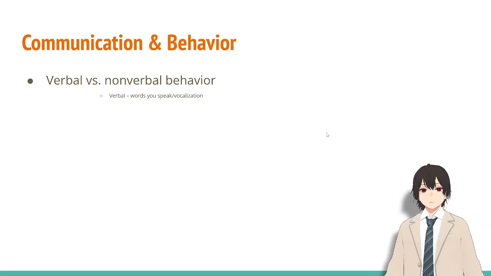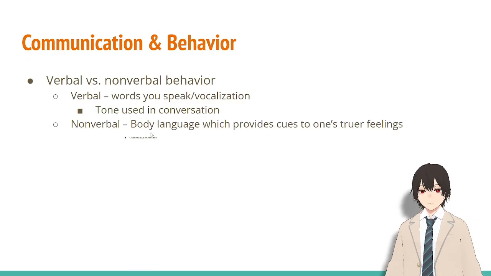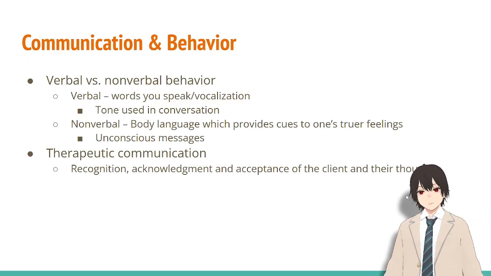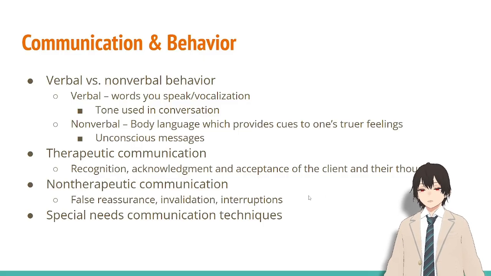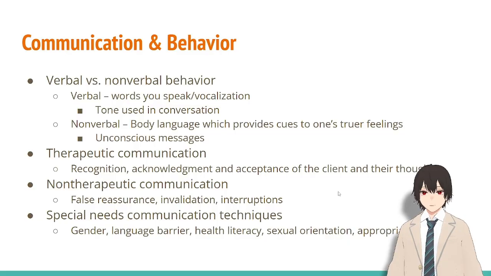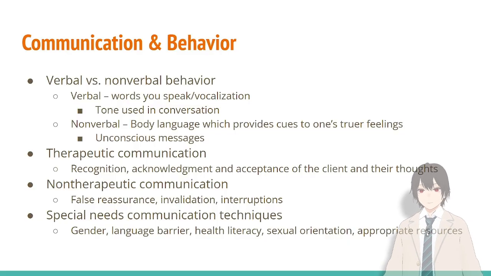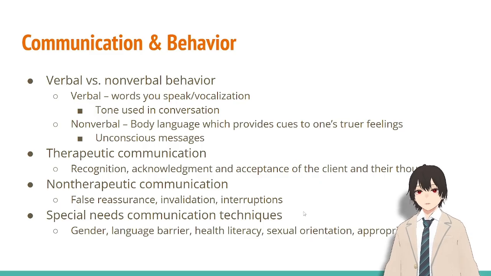Communication and behavior: there's verbal and nonverbal. This is pretty self-explanatory. I never thought this part was very difficult. You can just read it through, and if you have any questions, you can drop them in the comments below. But like I said, I always treated this as, don't be a jerk, right?